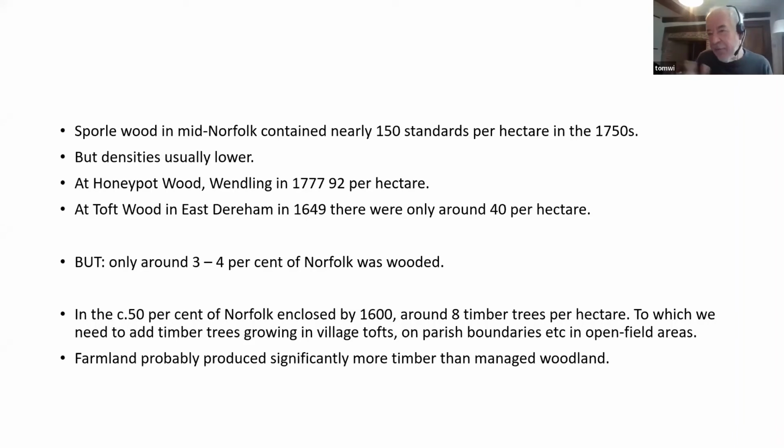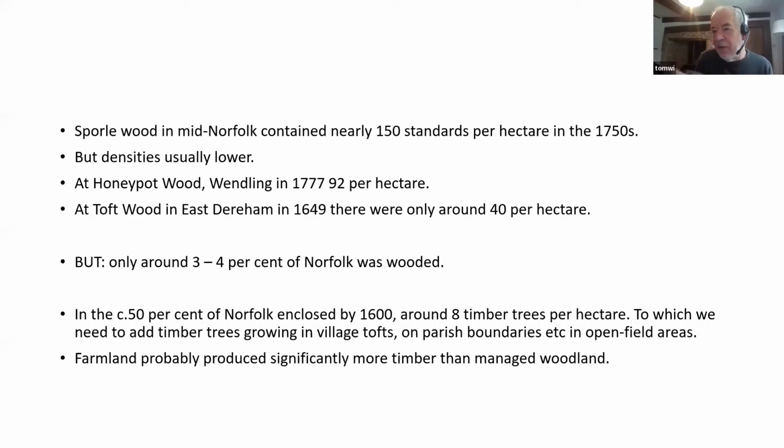But only around 3 to 4% of Norfolk was wooded in the 16th and 17th century. But around 50% of the county was enclosed, with about 8 usable trees per hectare, and more even in the unenclosed areas, growing in village tofts.